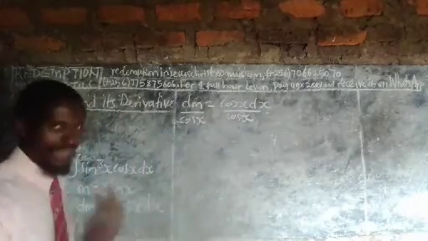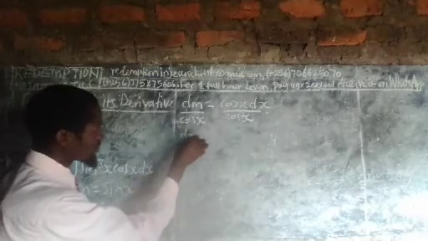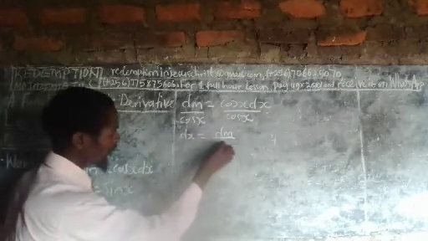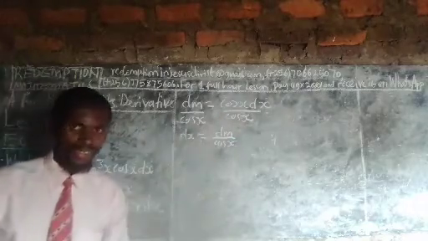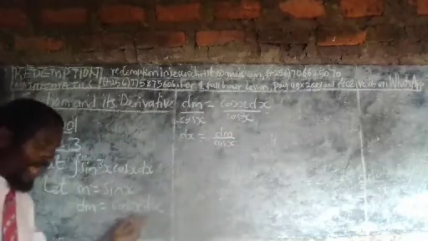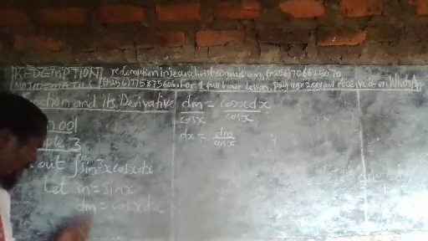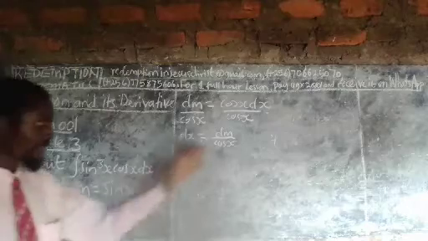If I divide both sides by cos x, then I will get dx equaling dm over cos x, as you have seen.